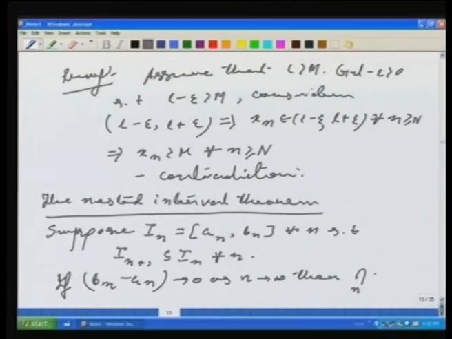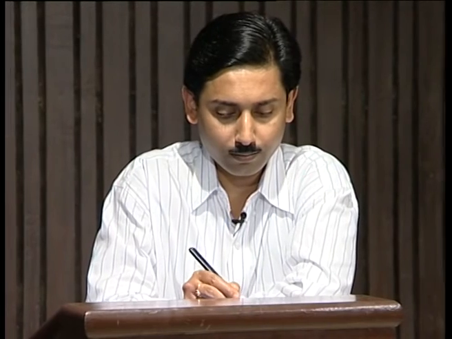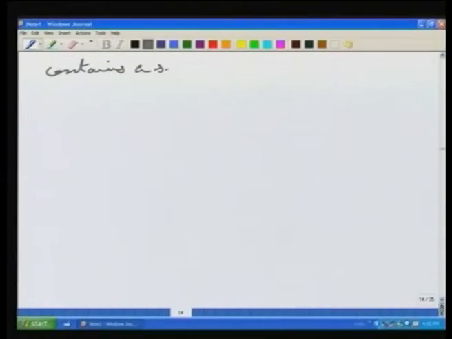Does it become an empty set suddenly? The answer is no, it is still non-empty, but there is only one point in the intersection. Then the intersection over n of I n contains a single point.